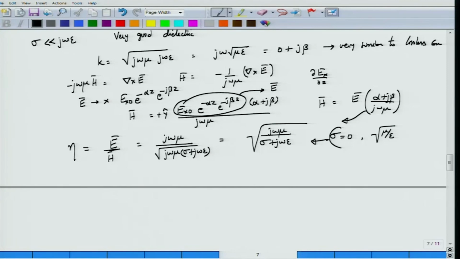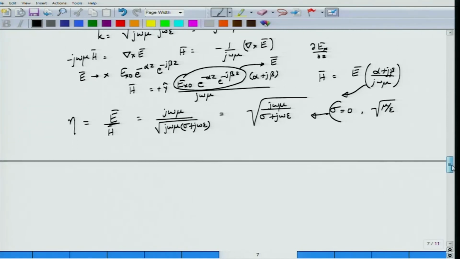So the entire power is not able to be carried because eta is not real, indicating that E and H will have some phase difference, and only the power of the order of cos of that phase difference will be carried by the wave. Okay. So this loss is inevitable because of the imperfect dielectric or a good conductor that we have assumed.